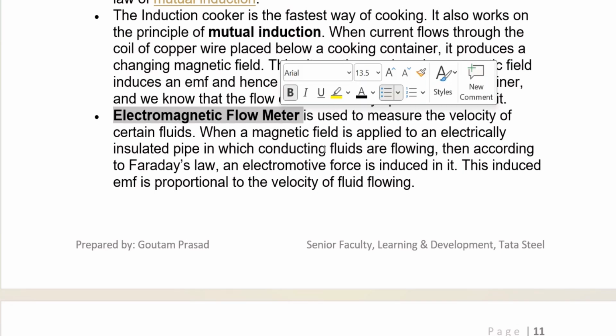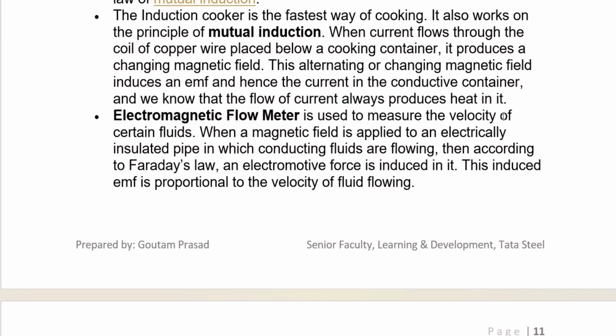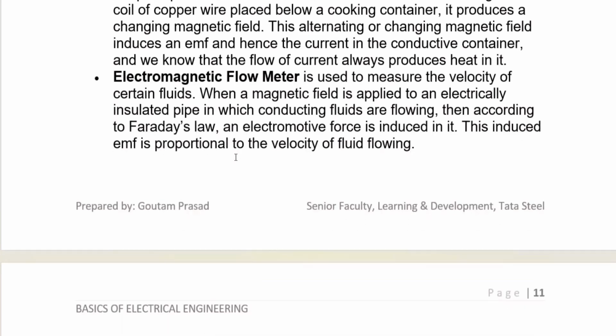The electromagnetic flow meter measures the velocity of certain fluids. The fluid is passed through the pipe, and being conductive, it passes through the magnetic field, and the EMF is induced.